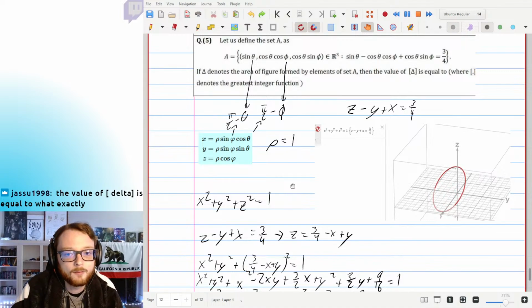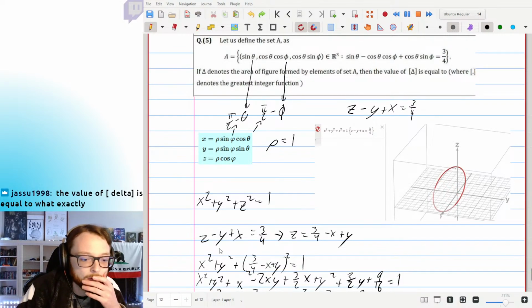My interpretation, Jastu, is that this is the floor of the area of the circle formed by the thing that I found, where that's the border of the circle. That's how I'm interpreting it.